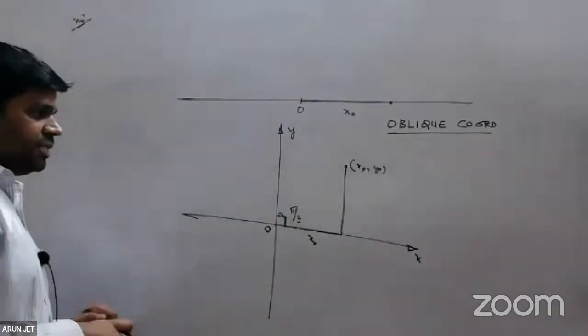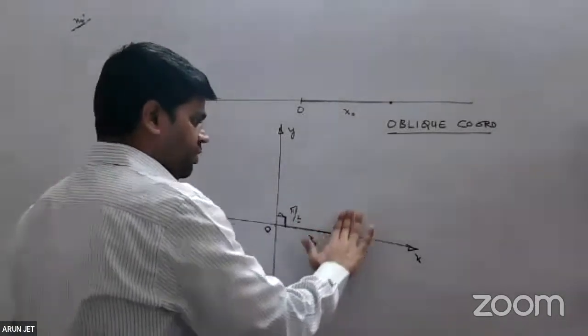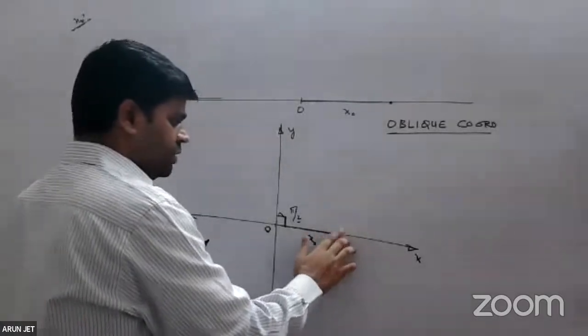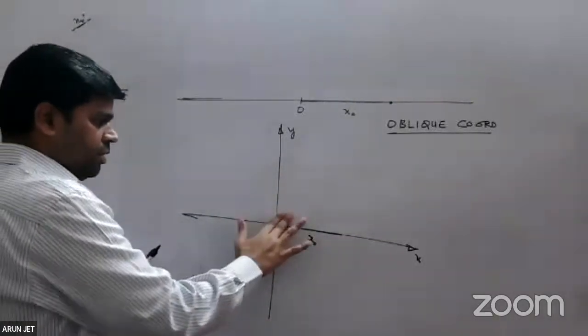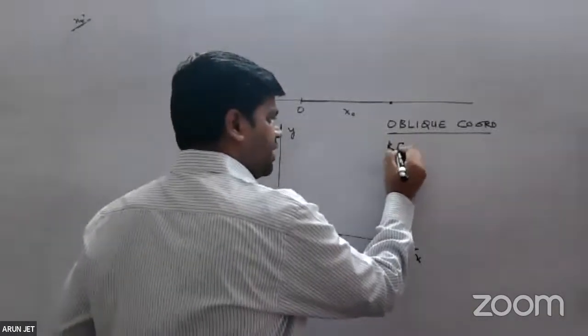All right. Now look at this, students. A point x naught comma y naught. If I have to spot it on this plane on a rectangular coordinate system, when this is perpendicular, that's called a rectangular coordinate system.